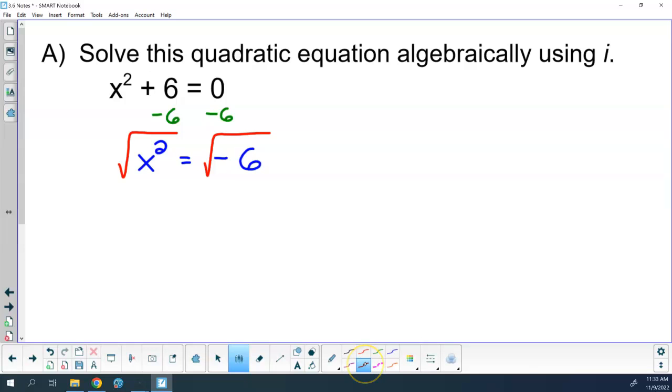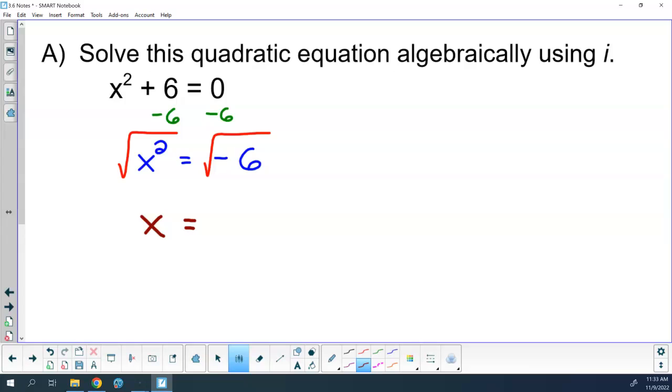So the left side gives me just x. What's the first thing that I got to put on the right side? Plus or minus, okay? Because I'm taking the square root and I'm solving, which is different than what we were just doing in the last couple of slides where we were just simplifying.